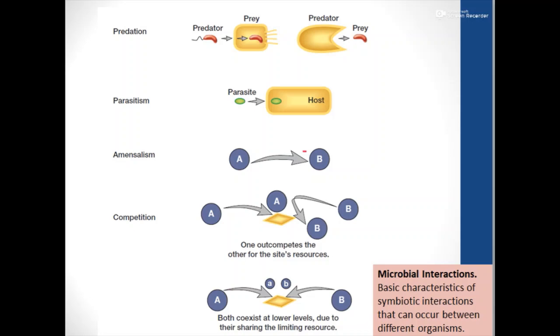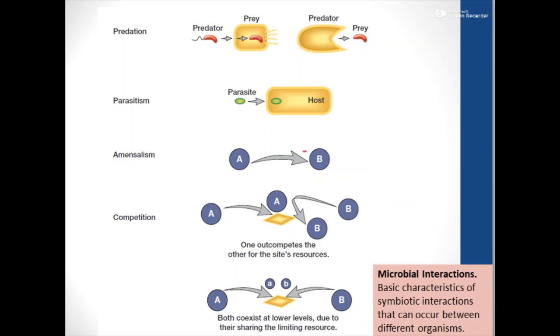One example of predation that we have is Bdellovibrio. It has been found to be predatory to various gram-negative bacteria. For example, in the case of human pathogens, there are lots of human pathogens, and these pathogenic bacteria can be killed by the predatory Bdellovibrio.